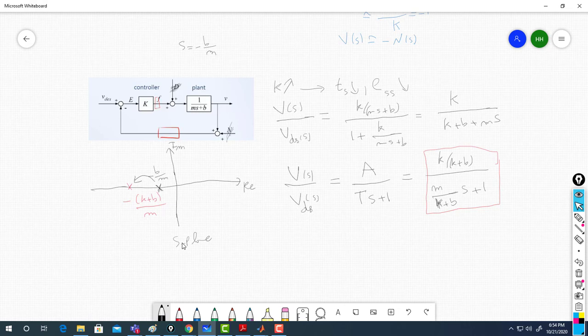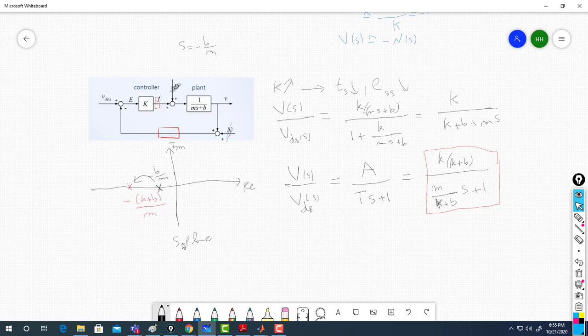We spent some time on this when we did system analysis, studying the effect of the location of poles on the transient response of the system. So now your new pole becomes here.